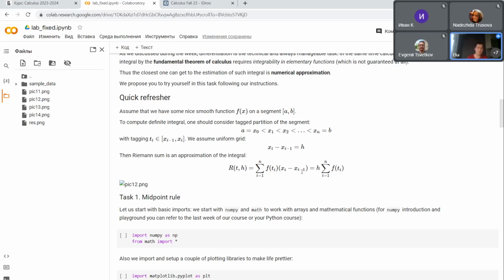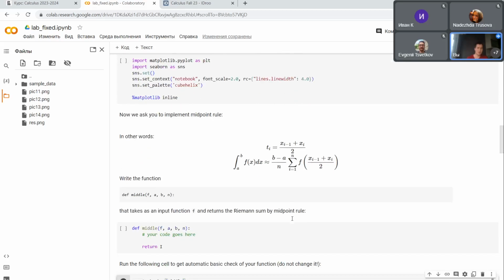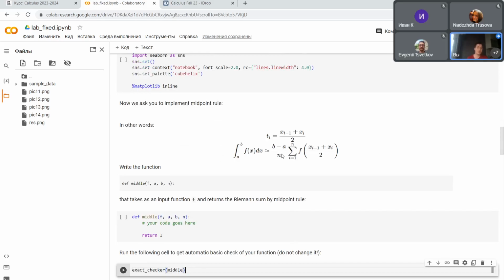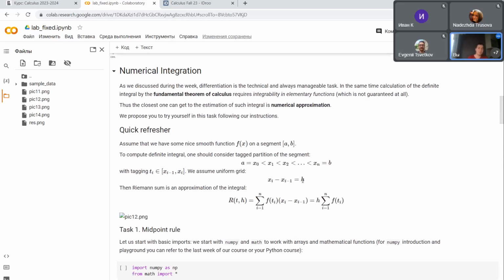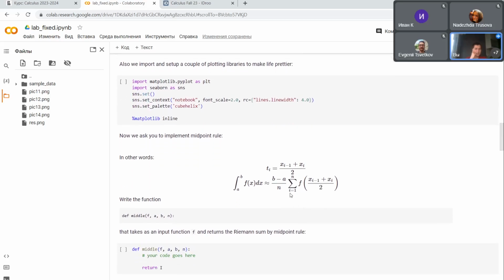So we can easily say that if we split our segment from a to b with n points, the h parameter will be equal to (b minus a) over n. So it's easy to understand. And we just need to multiply it by the sum of the function computed at the centers of your segments.